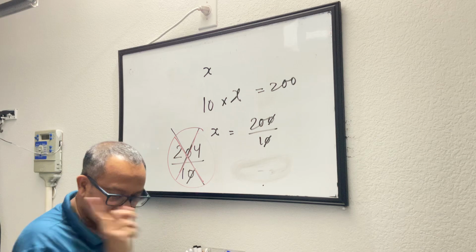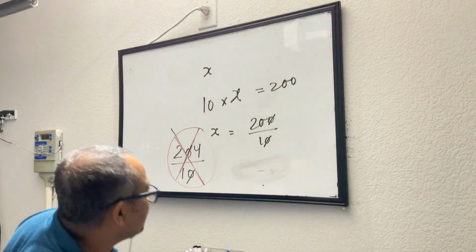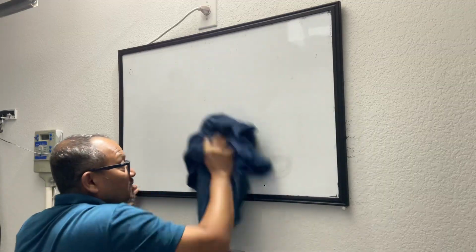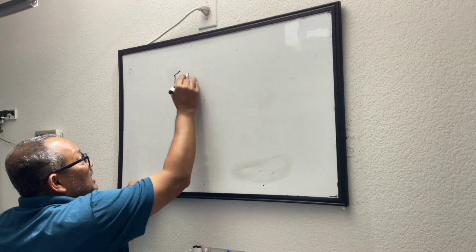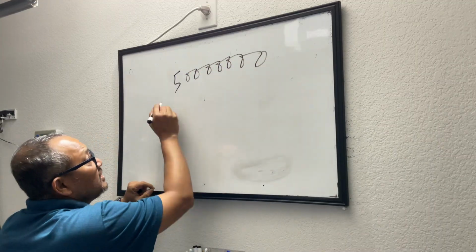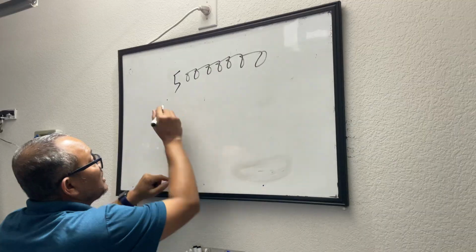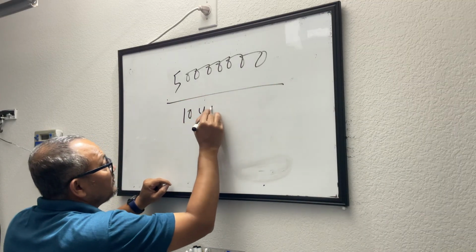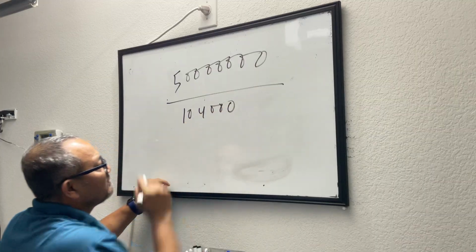So now let me show you guys one small technique or trick here, and then we will move on to what we want to learn here. So if I have, let's say, 50 million divided by 10,400, let's say one more zero.